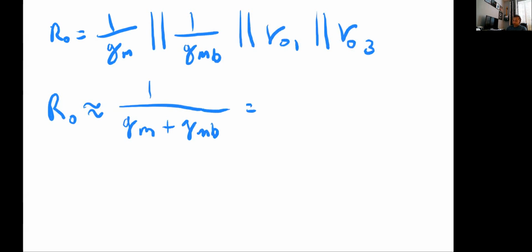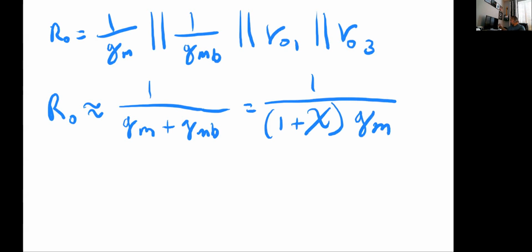Or another way of looking at that is 1 over (1 plus that factor that we defined) times GM. So you can see how the GMB has an effect on the output resistance.